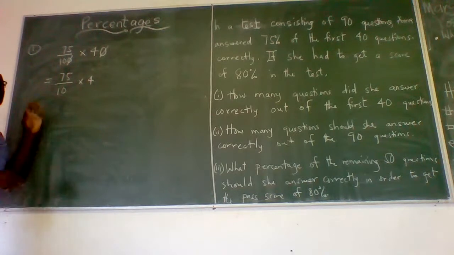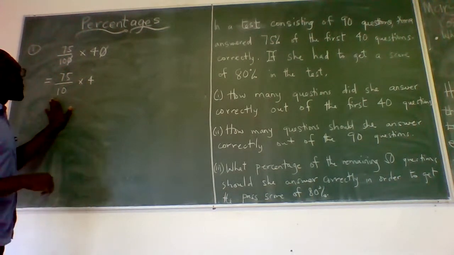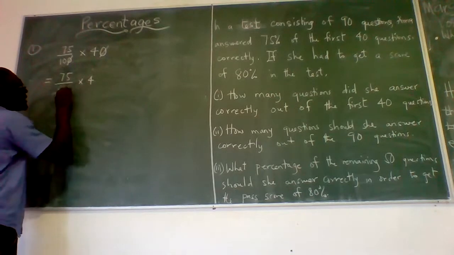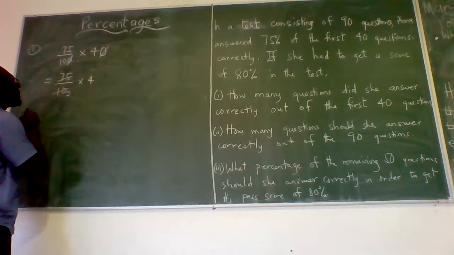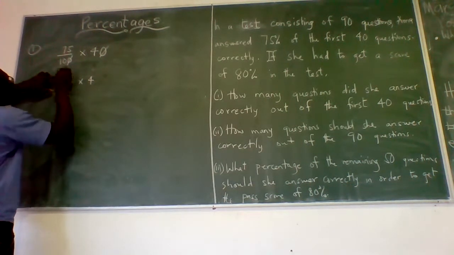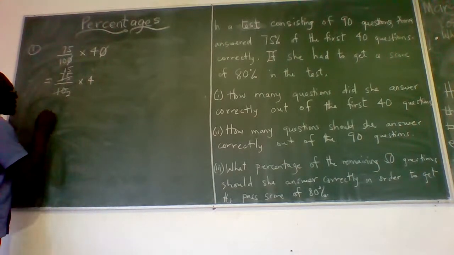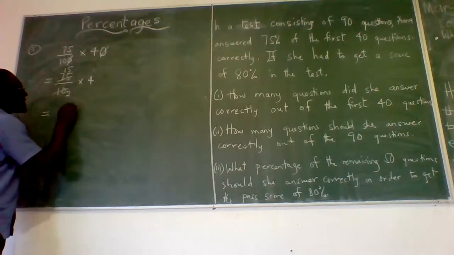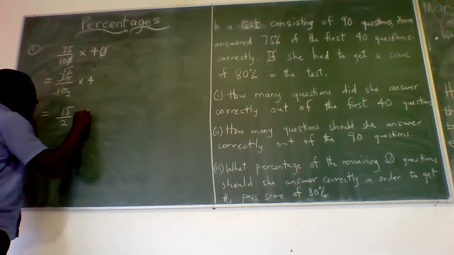We can still reduce this further by using 5. I know that 5 can divide 10 two times, and 5 can divide 75, 15 times. So this brings me to 15 over 2 times 4.